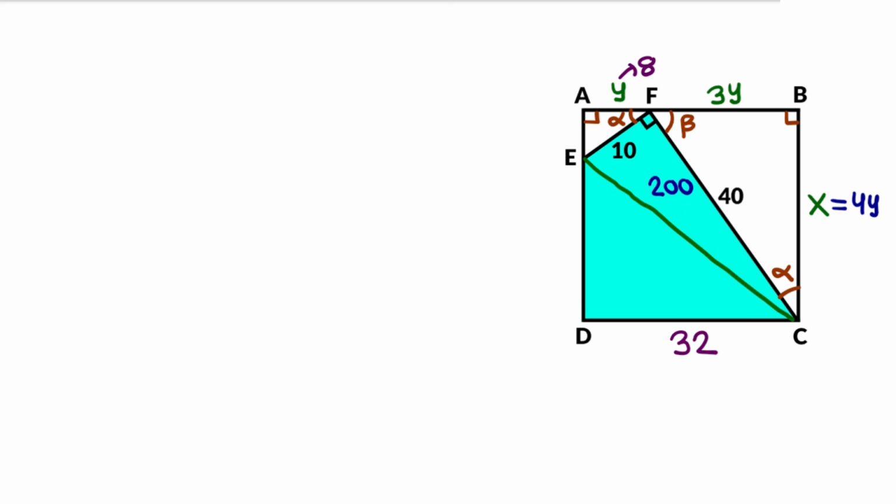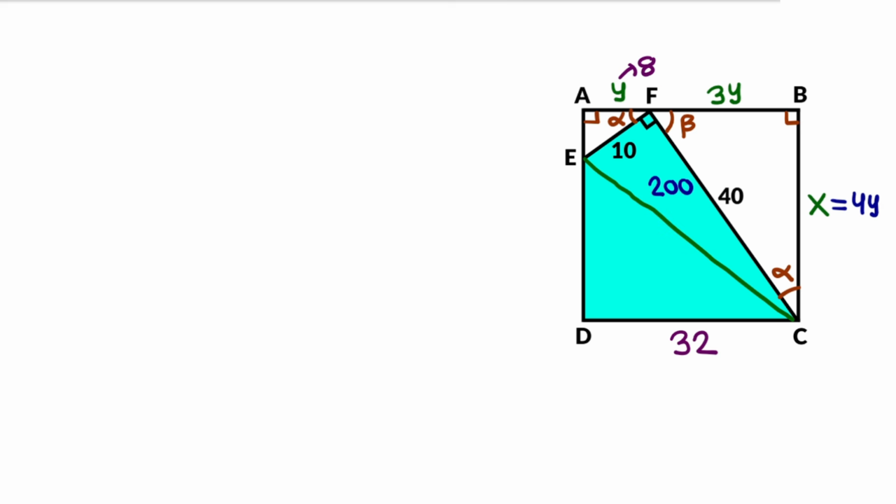Now for the lower triangle, CDE. Its base is the bottom side of the square, 32. But we still need its height, ED. Look back at the tiny white triangle in the upper left corner. Its hypotenuse is 10, and one leg is 8.